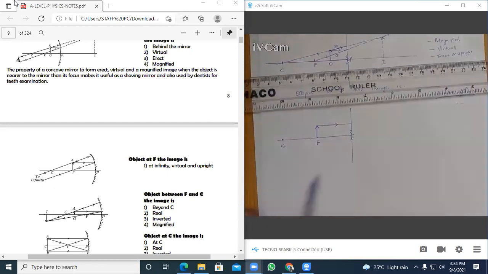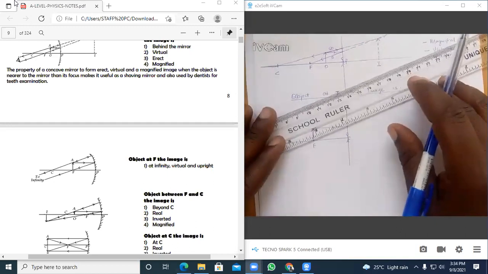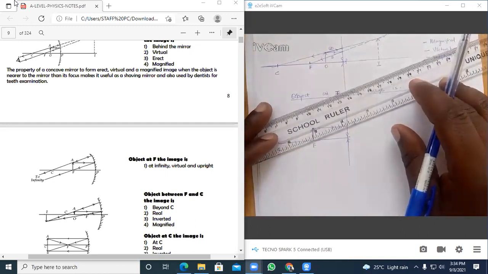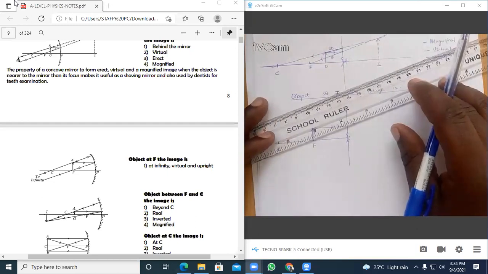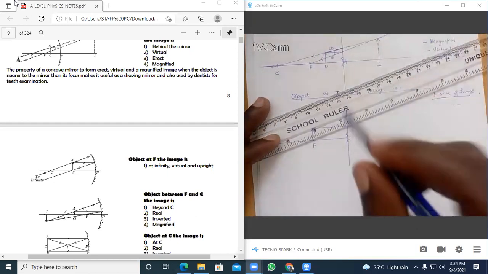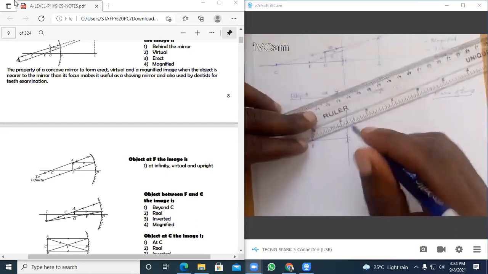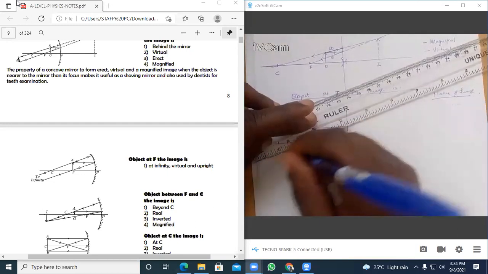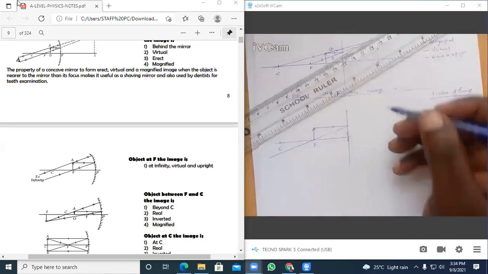It's going to be reflected through the principal axis, correct? But I asked you a point. Okay, it will be reflected along this point here, like that.